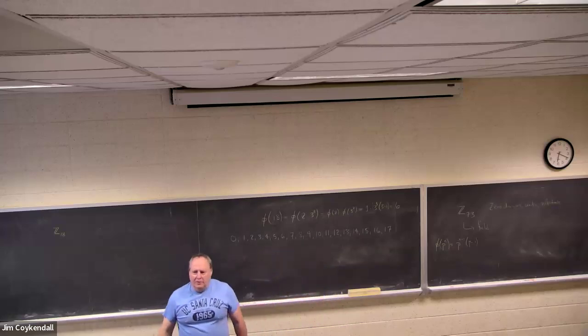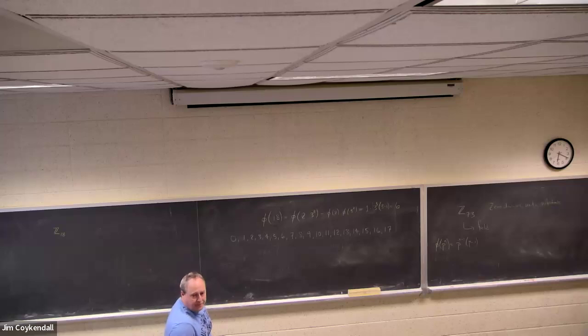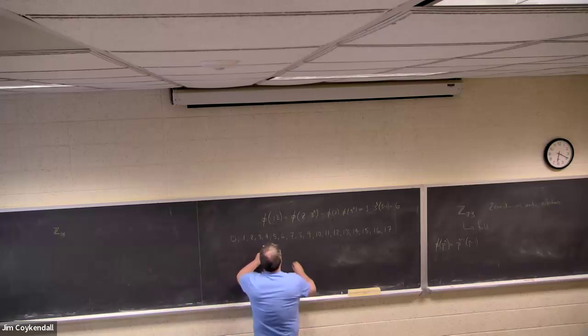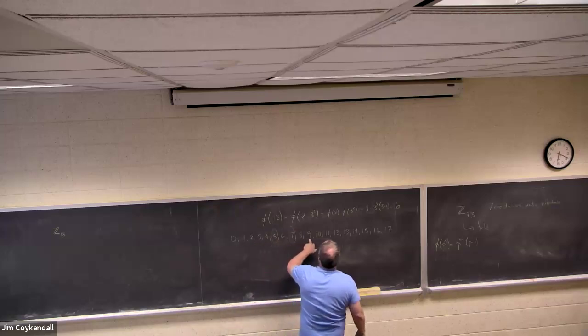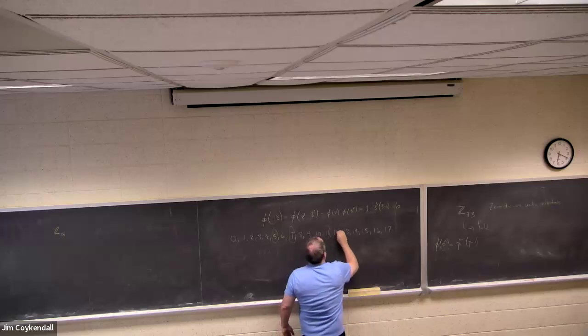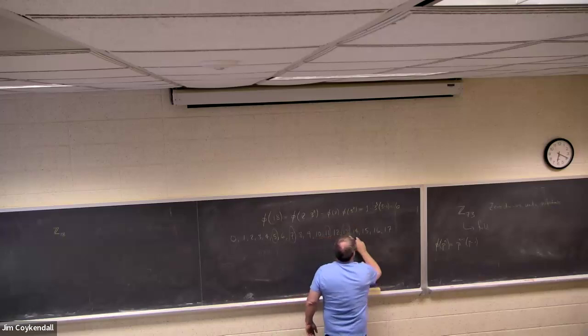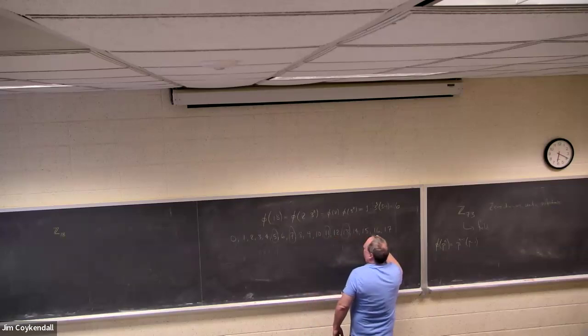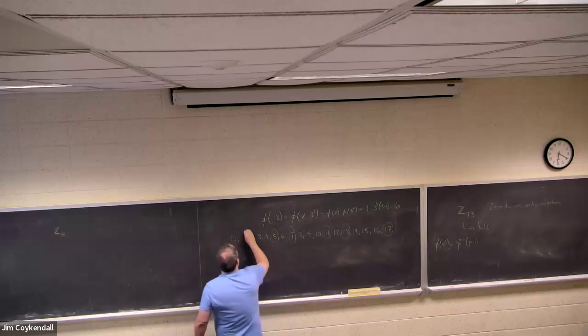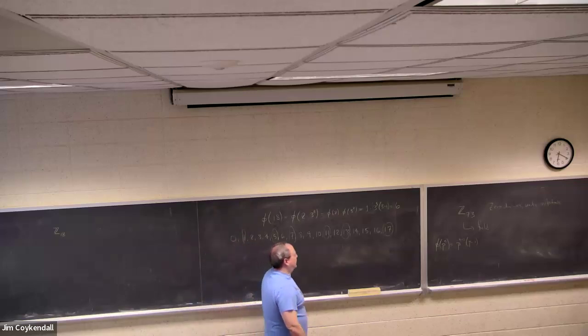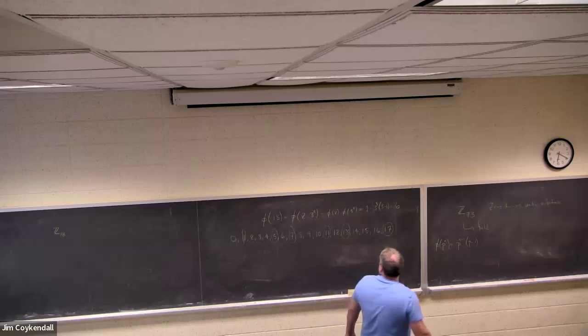Forgive me for not putting the bars on them, but these are my elements of C18. Think of these as integers. Which ones are relatively prime to 18? Well, this one, this one, this one, this one, and of course, 1.